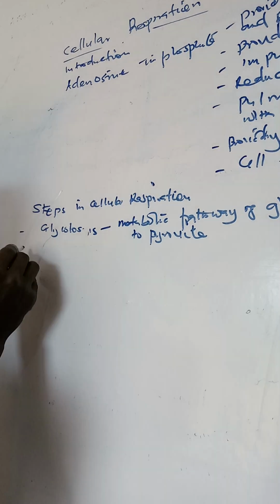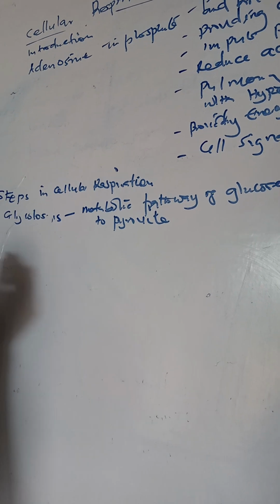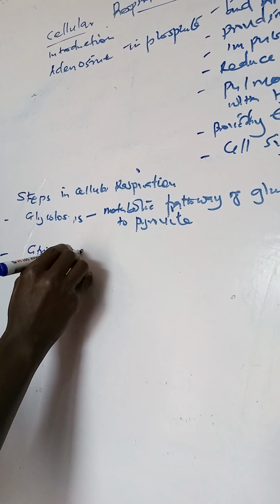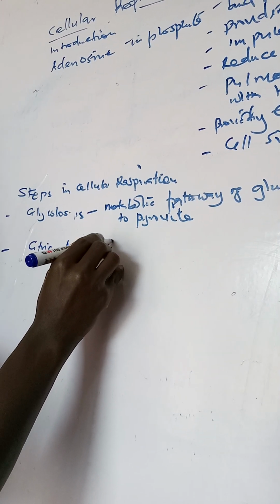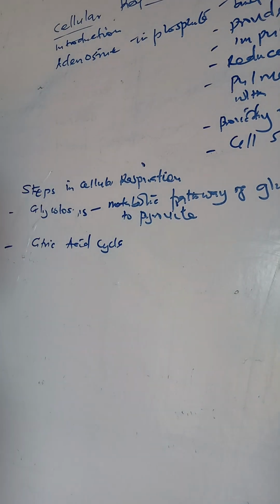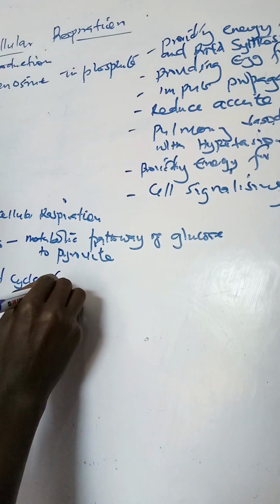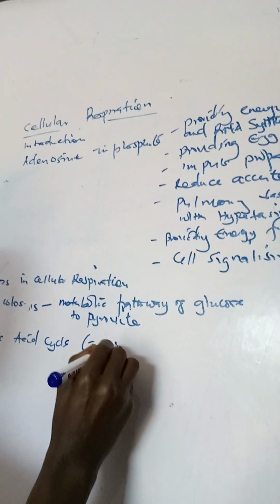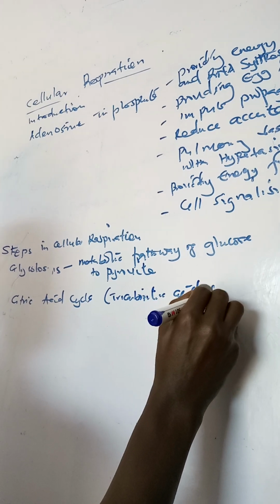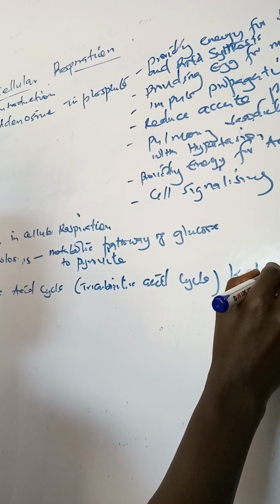We are also going to look at the citric acid cycle. This is the Krebs cycle. You can also call it the tricarboxylic acid cycle, or you can call it the Krebs cycle.